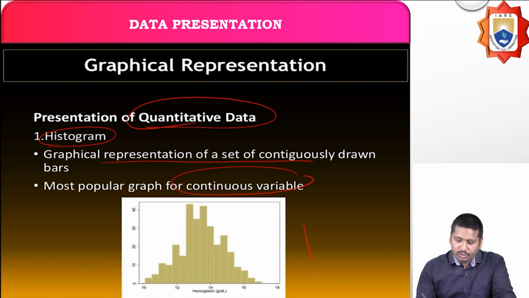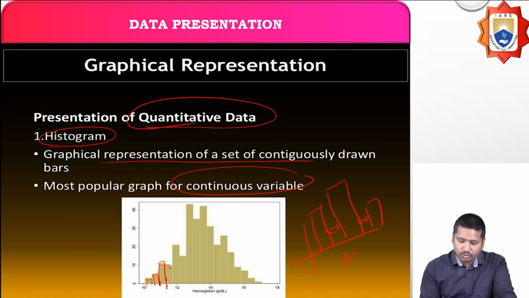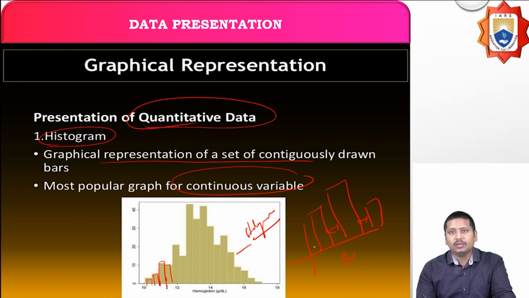The difference between a histogram and a bar diagram is that in a bar chart there is space between the bars, but here there should not be any space between the bars. Then it is considered a histogram. If there is a space between bar and bar, it is a bar chart. If there is no space between bar and bar, it is considered a histogram.